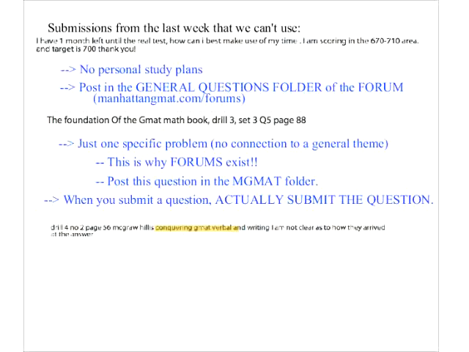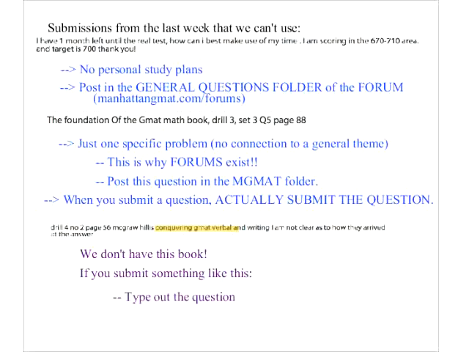We don't. We don't have random books by companies that are not us. So we don't have this book. If you submit something like this, the first thing you have to do is type out the question, but then you also have to connect it to a more general theme. Otherwise, just please post it on the forum.